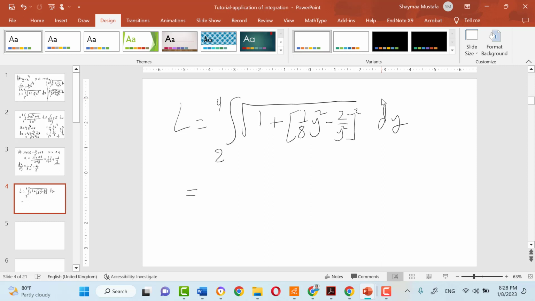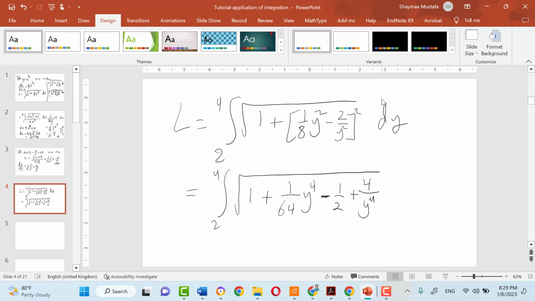So now this is the integration from 2 until 4 of 1 plus 1 over 64 y to the power 4, minus 2 times 2 over 8, which is 4 over 8, which is 1 over 2, plus 4 over y to the power 4, dy.